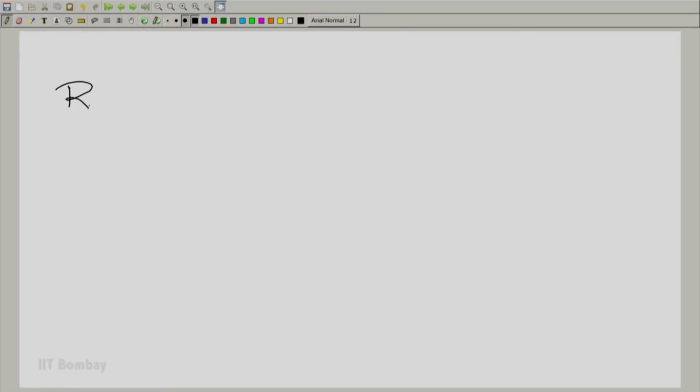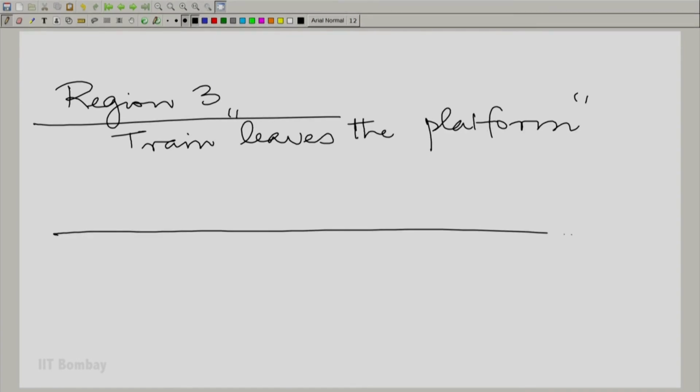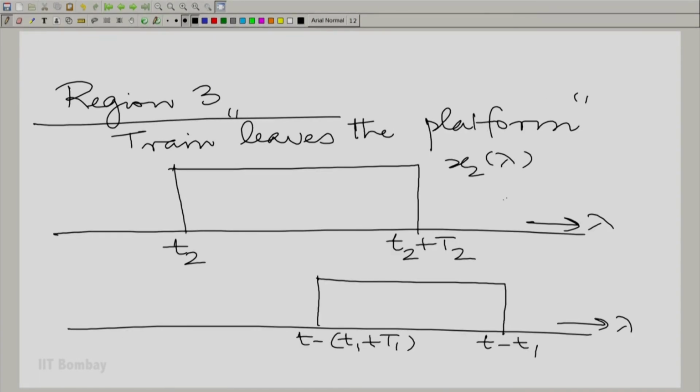And finally, what is the region? Finally, we have the region where the train is now leaving the platform strip. So, let us draw that region. Region 3, train leaves the platform. Here is the situation. So, this has now gone beyond this.